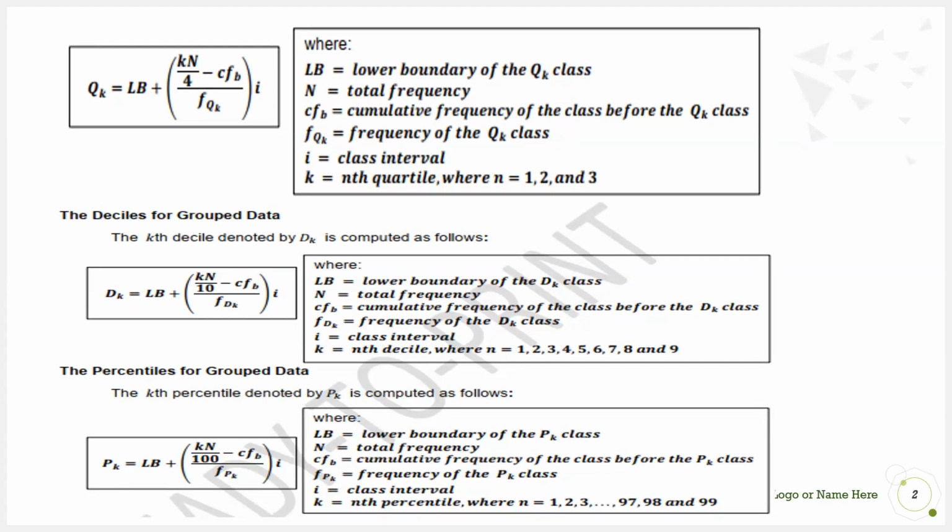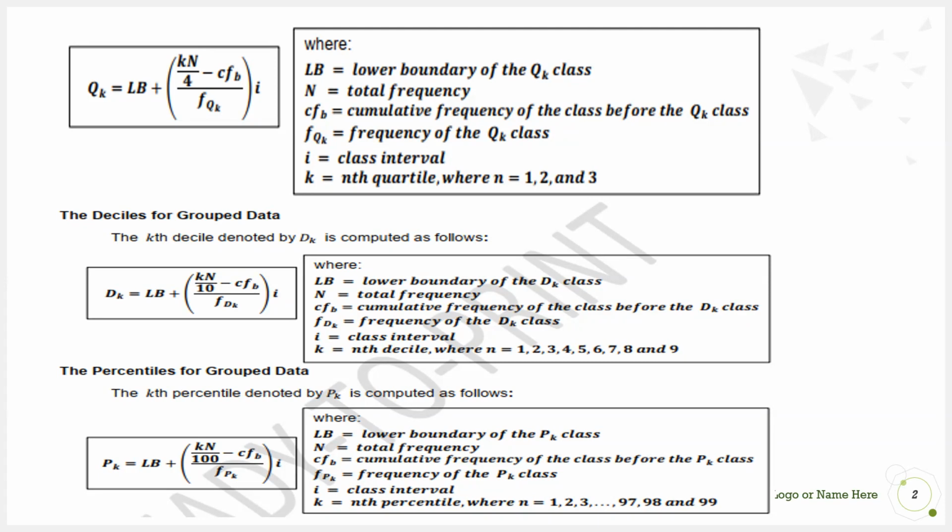Then we have the CFB, ibig sabihin the cumulative frequency of the class before the QK or DK or PK, depende sa hinahanap. Then the frequency F for the frequency of QK, DK, or PK. That's hahanapin muna natin kung ano muna si QK, si DK, at si PK. Then finally, we have pare-pareho silang may I, which is the class interval or class size na tinatawag natin.